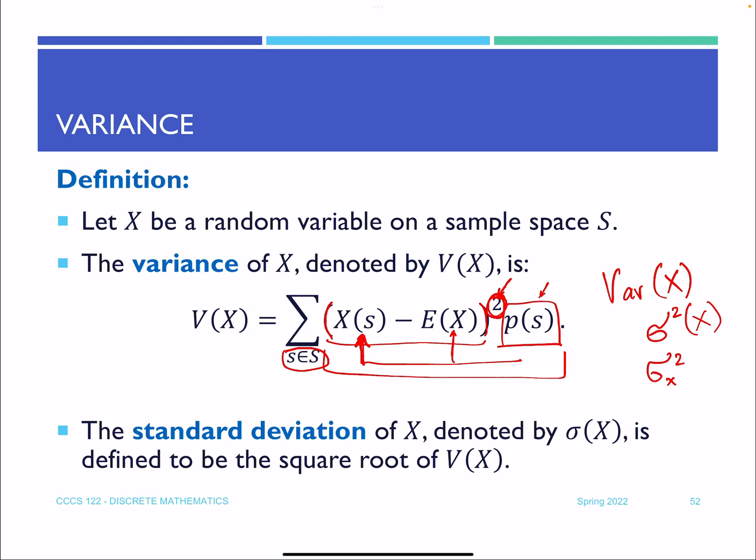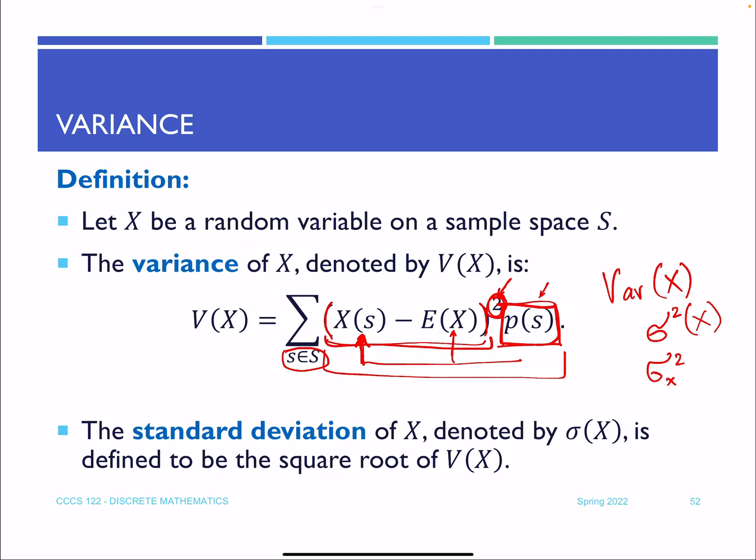So in order to make sure that the positive and negative differences don't cancel each other out, we take the square to make sure that this difference term is always positive. And then we weigh them by probabilities.